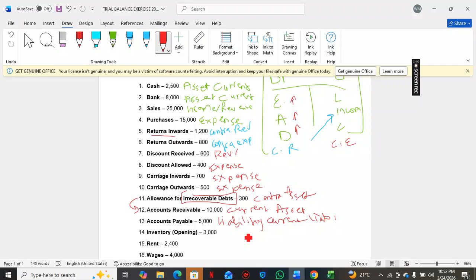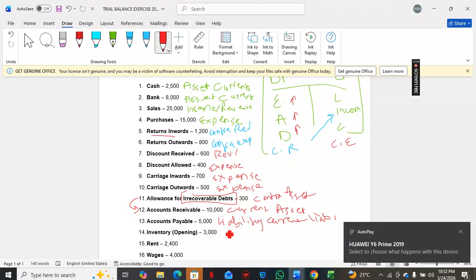Inventory. That one is an asset. Yes. Current or non-current? Non-current. Current.